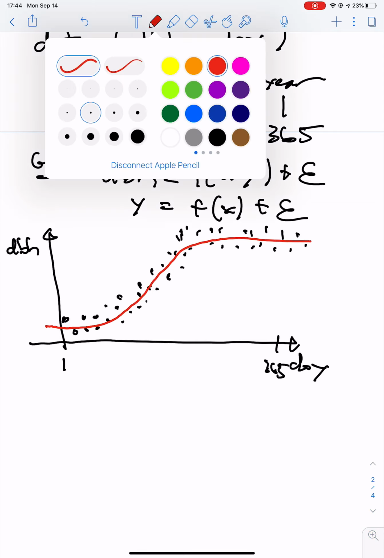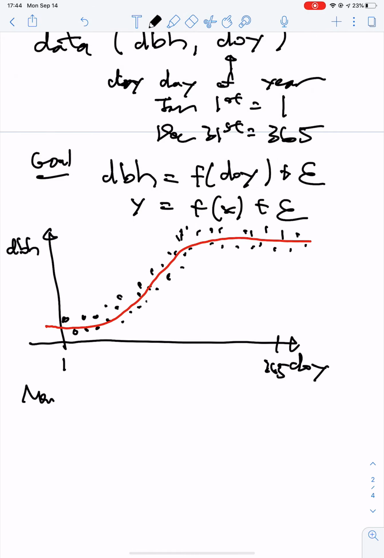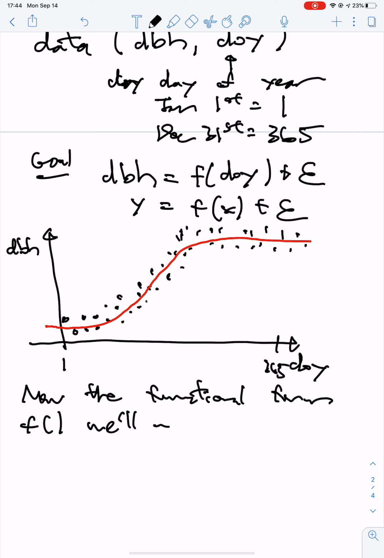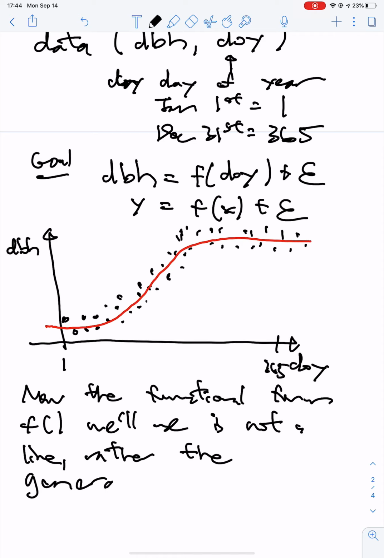So now the functional form f we'll use is not a line, rather the generalized logistic curve.